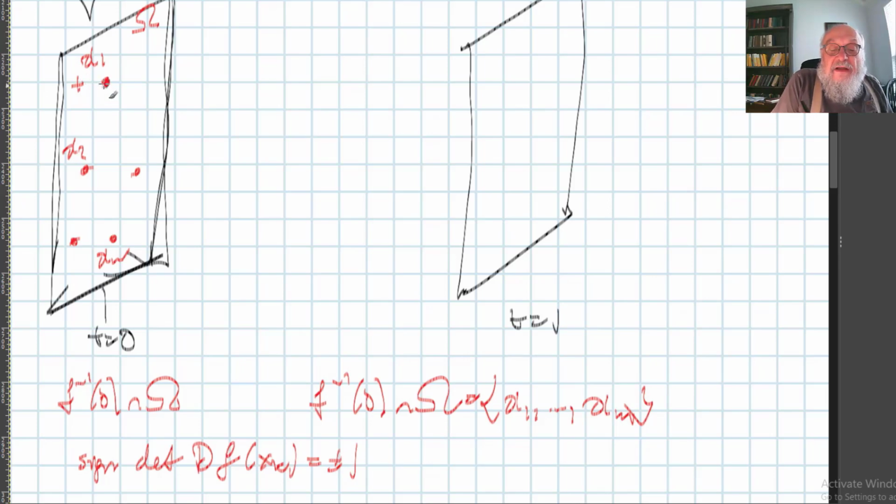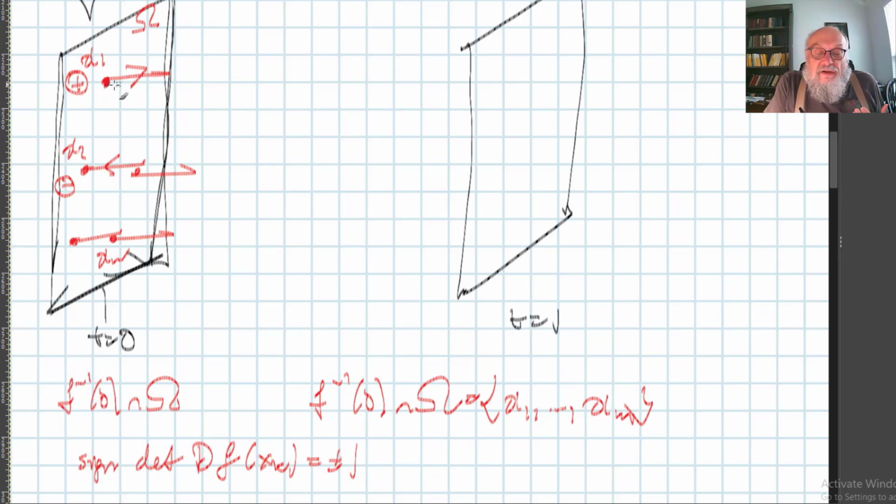If this determinant is plus, then your curve, which here is like a constant map, a constant curve, is going out. If this determinant is minus, the curve will be going in the other direction.